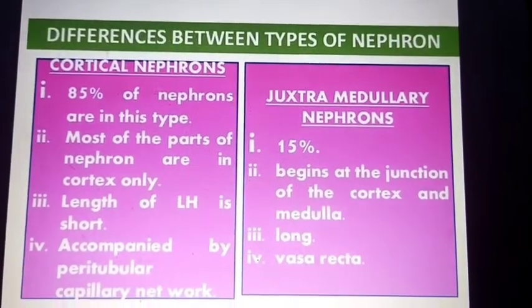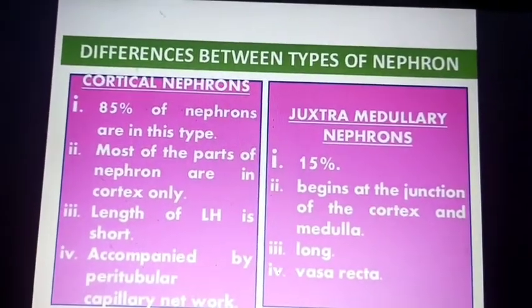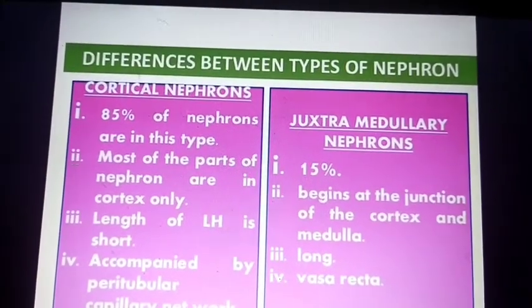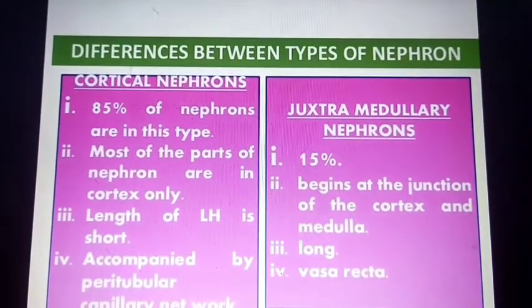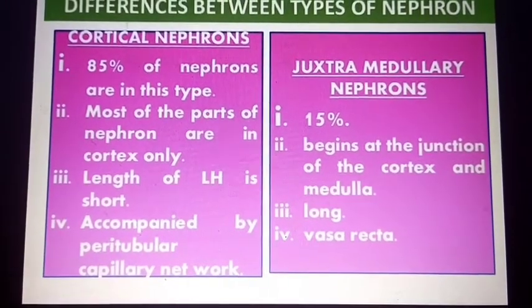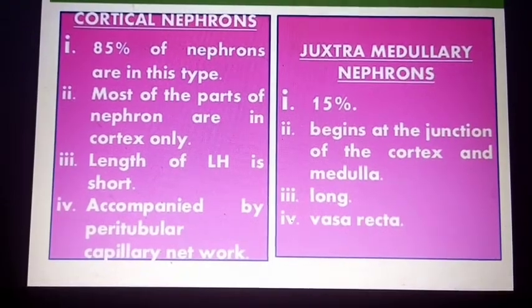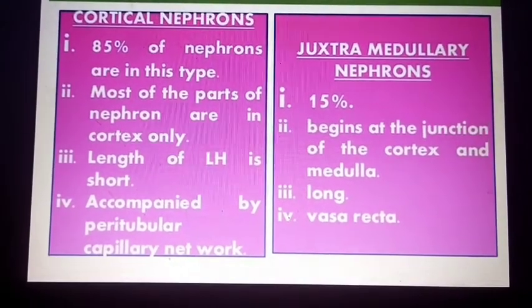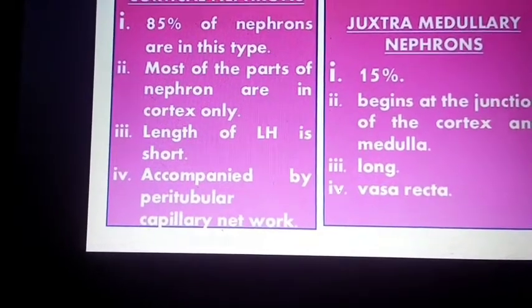What is the difference between cortical nephrons and medullary nephrons? Cortical nephrons, 85% of the nephrons, are of this type. Most of the nephron is in the cortex only. The loop of Henle is short, accompanied by the peritubular capillary network.